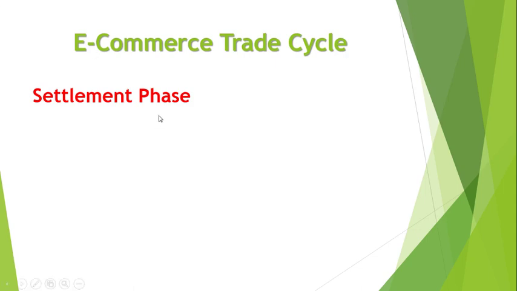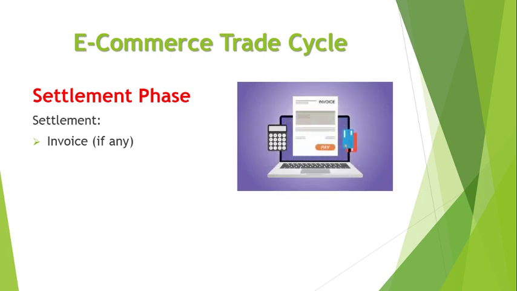Once all these phases are over, it will generate a bill or invoice, or if you would like to go for cash on delivery, that will not be an online payment mode. It will directly generate an invoice.